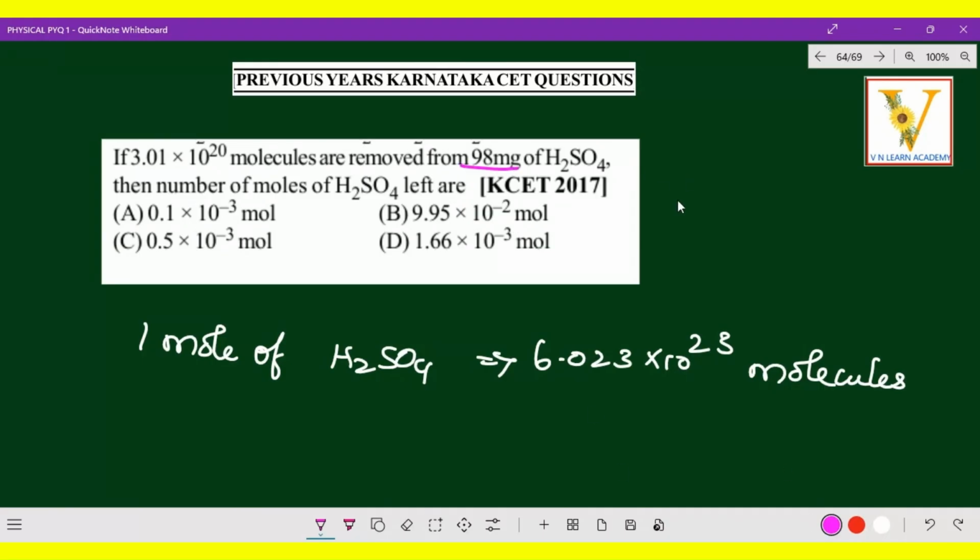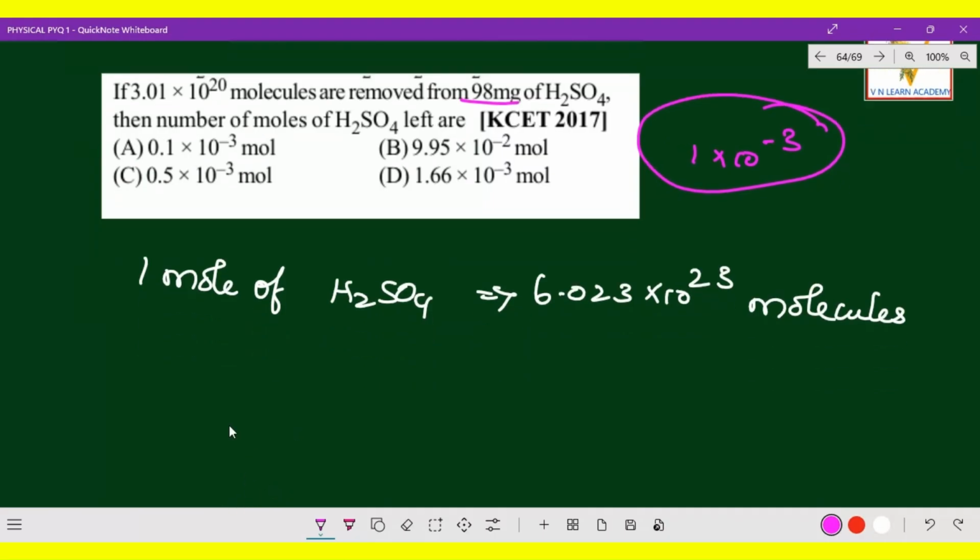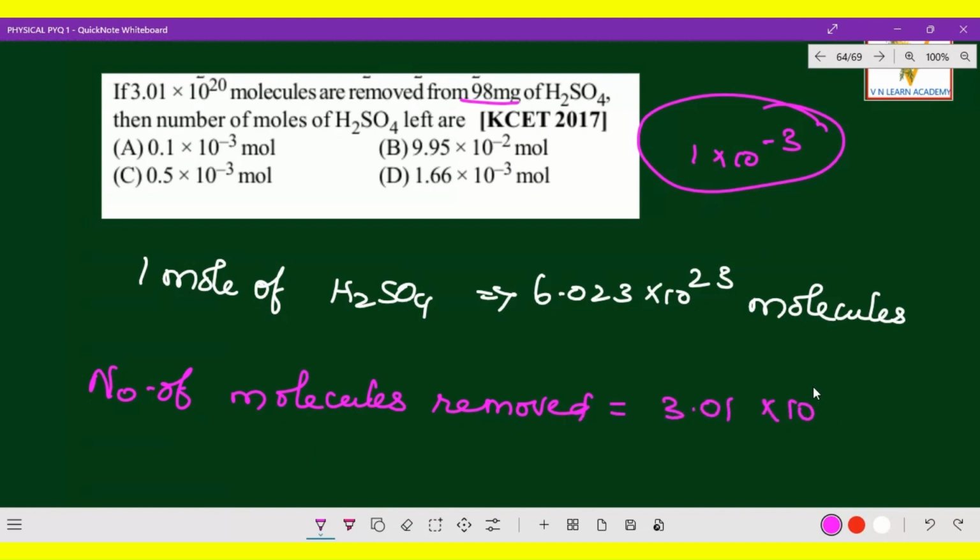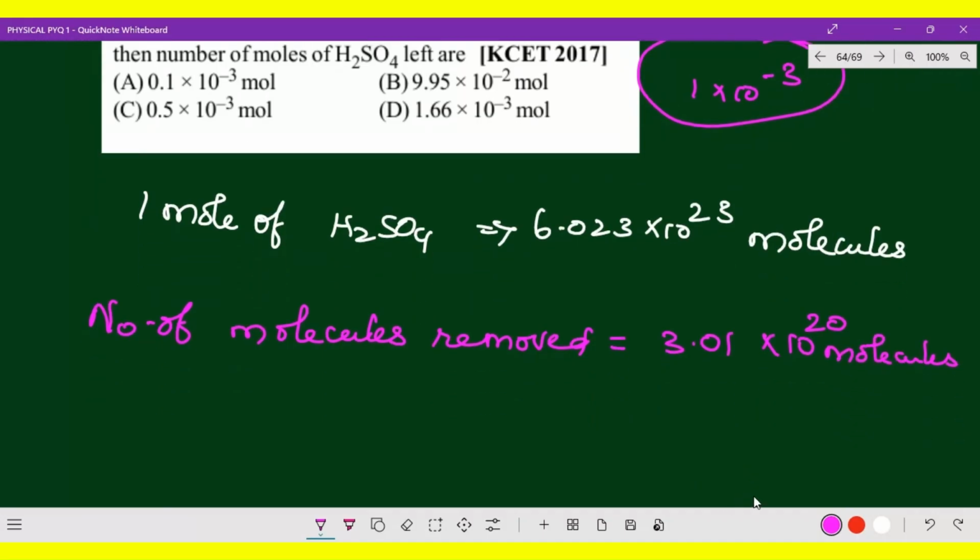So 98 milligram of H2SO4 means milligram is 1 into 10 to the power of minus 3. Okay, now here, how many molecules are removed? 3.01 into 10 to the power of 20 molecules have been removed, right?